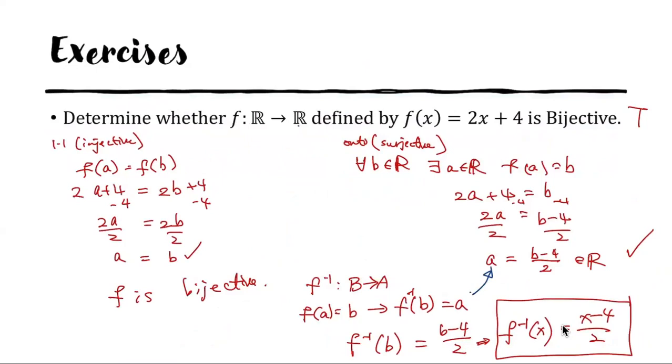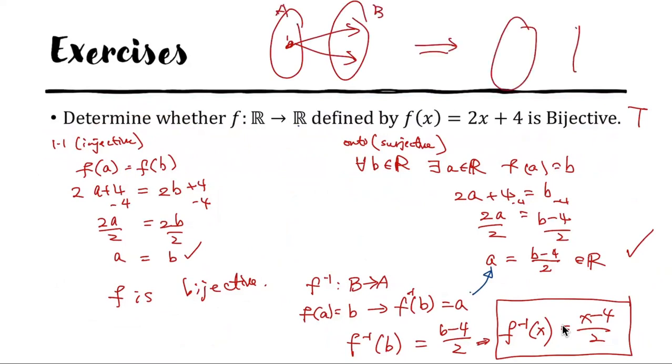So if your function is not injective, that means an input goes to multiple outputs from A to B. Then when you take the inverse from B to A, oh wait, this is not a function.